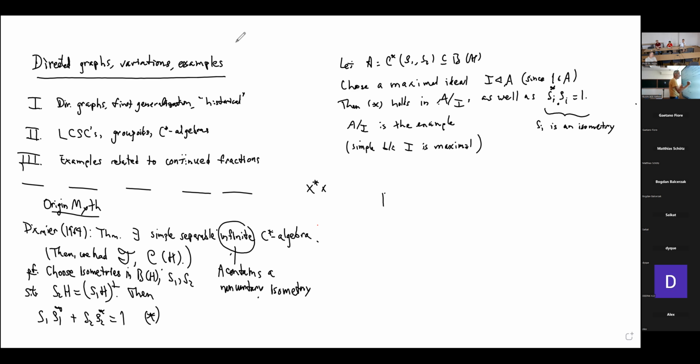No, but this is good, Alan. So what does this mean? X star X equals 1. So we look at the norm of X applied to a vector, squared. The usual way is to rewrite it with the inner product.